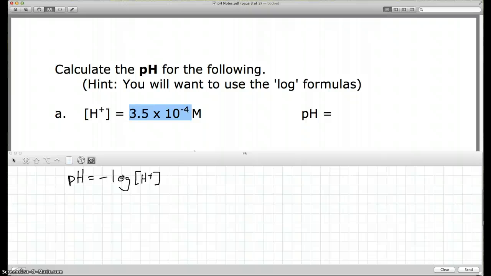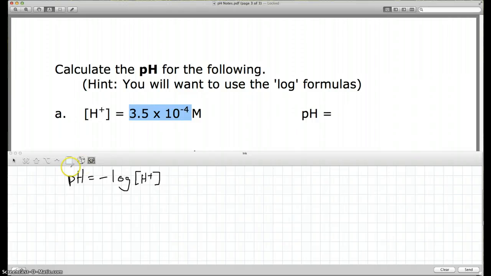If you do the times 10 and then with a little arrow up, do the negative 4, you want to put that in parentheses. It might be a good idea to put the 3.5 times 10 to the negative 4 part in parentheses anyways, just so it doesn't think you're wanting to do something that you don't want it to do.